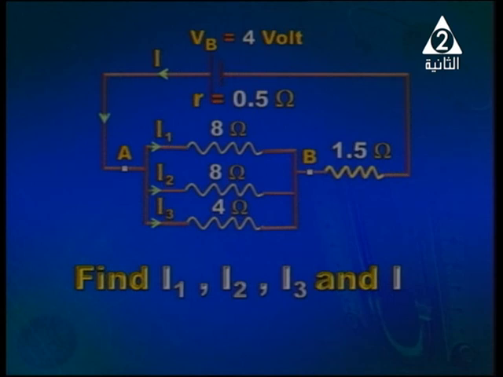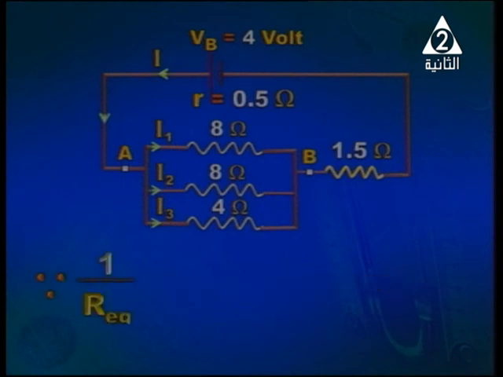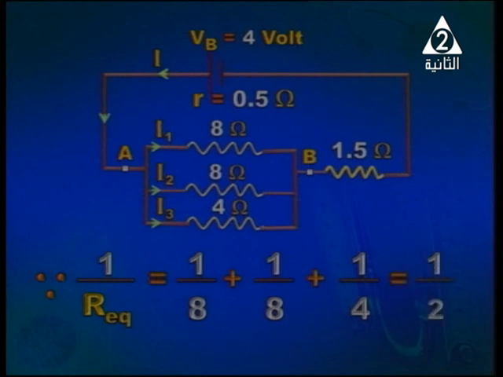So the first step here is to calculate the total resistance. First of all, we'll calculate R equivalent of the parallel group. So 1 over R equivalent is 1 over 8 plus 1 over 8 plus 1 over 4. Now I am calculating R equivalent of the 3 resistors connected in parallel. 1 over 8 plus 1 over 8 plus 1 over 4 is equal to 1 over 2.